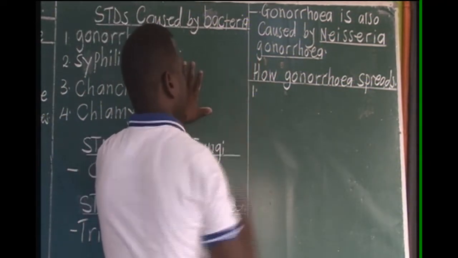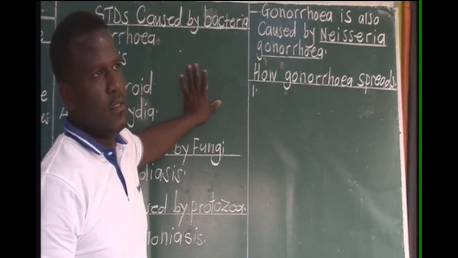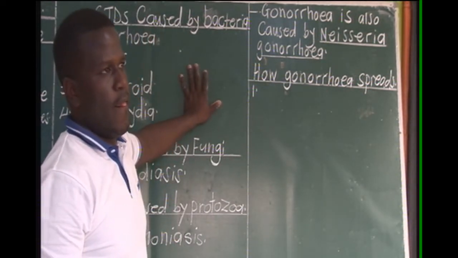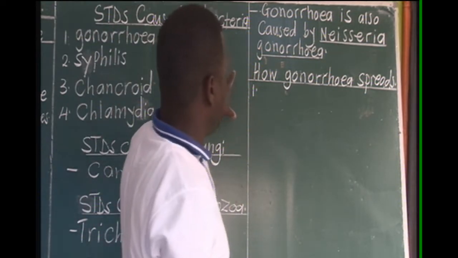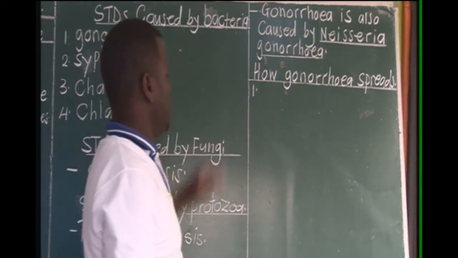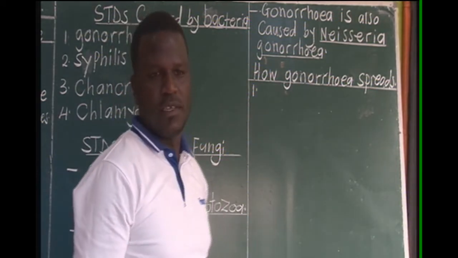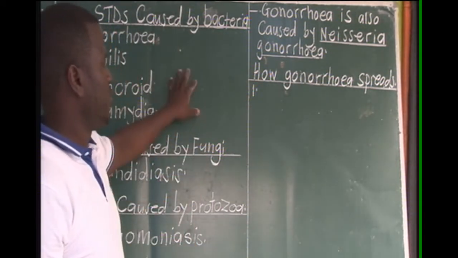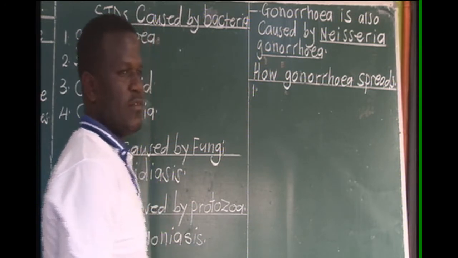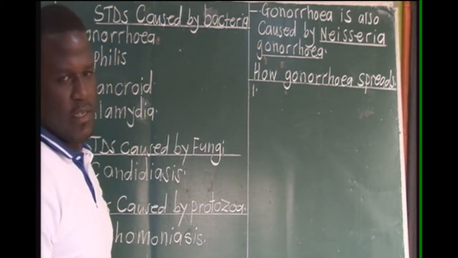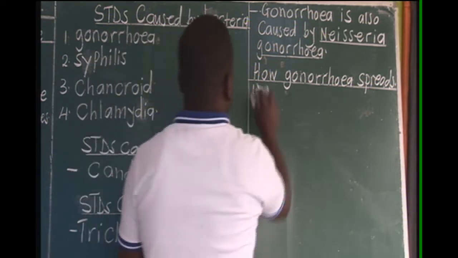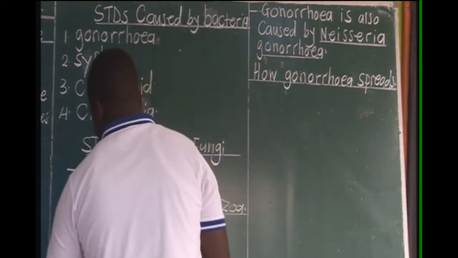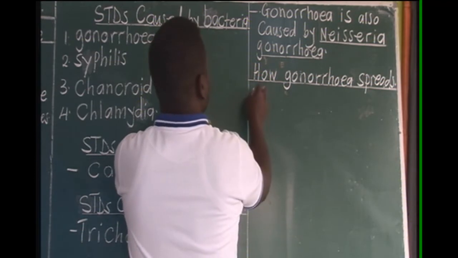Gonorrhea can be spread in different ways, but the major way through which gonorrhea is spread is through having unprotected sex with an infected person. That's the major way in which gonorrhea is spread.